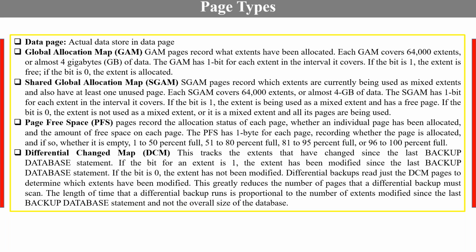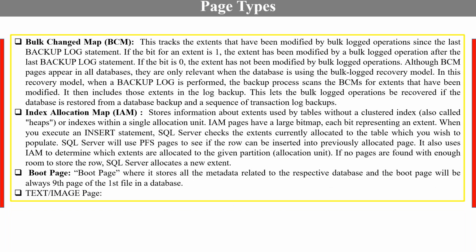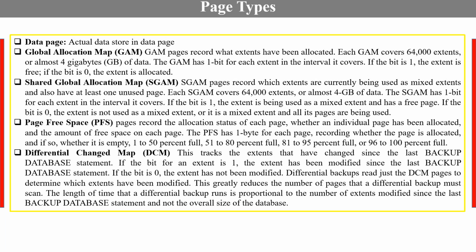But when we go to pages, we have around 10 types of pages available in SQL Server: database, GAM, SGAM, PFS, DCM, BCM, IAM, boot page, text page, and image page. So around 10 pages are available.